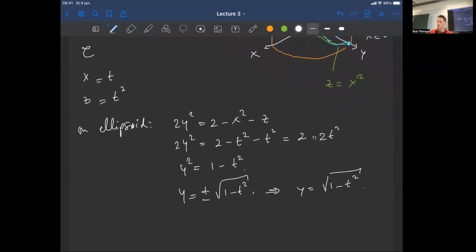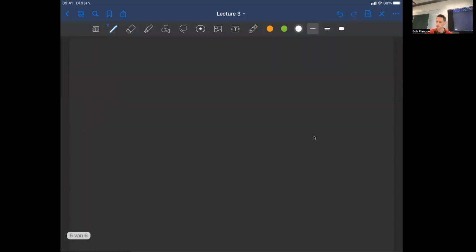All right, so now I have my parameterization ready: t, square root of 1 minus t squared, and t squared. So r of t, just to be specific, is t times i plus the square root of 1 minus t squared times j plus t squared times k. That's my parameterization. And I have to compute r prime of t and take the length of that vector.